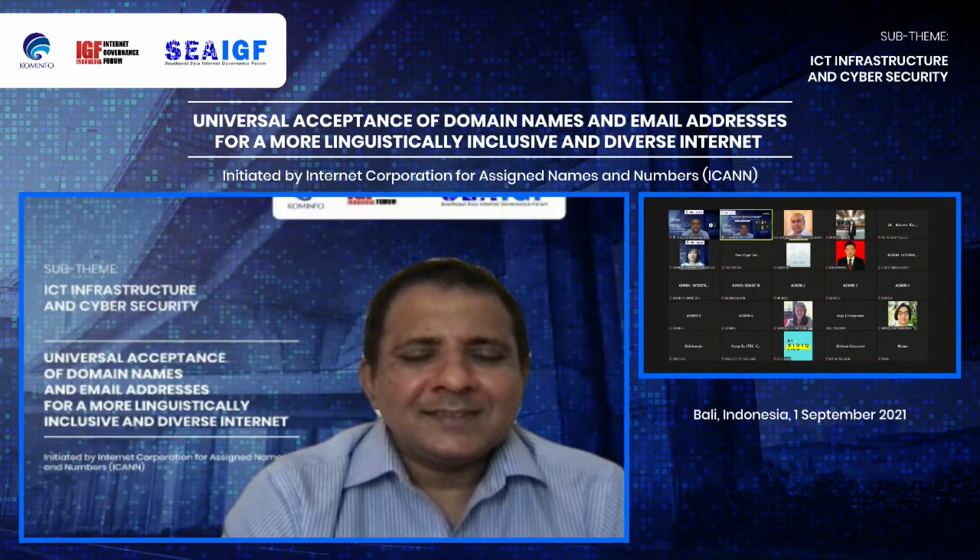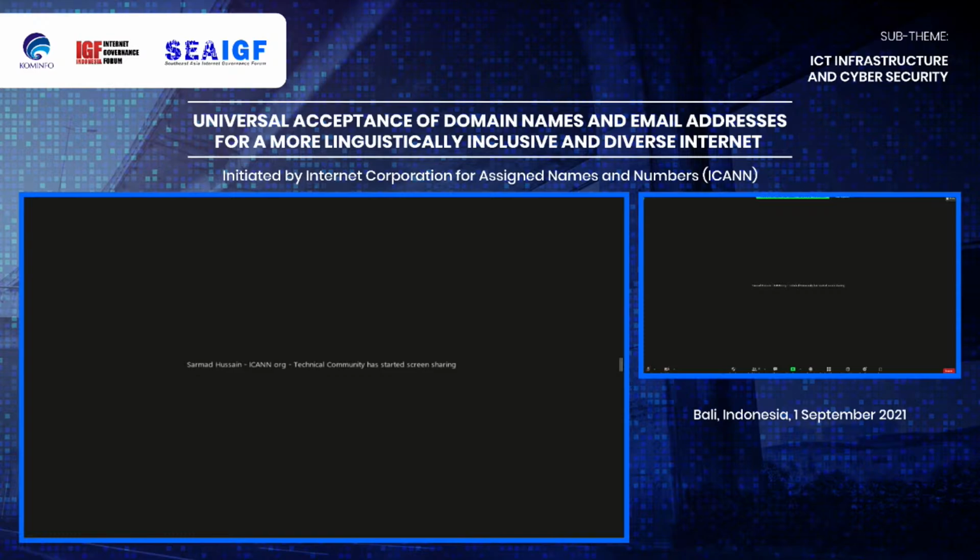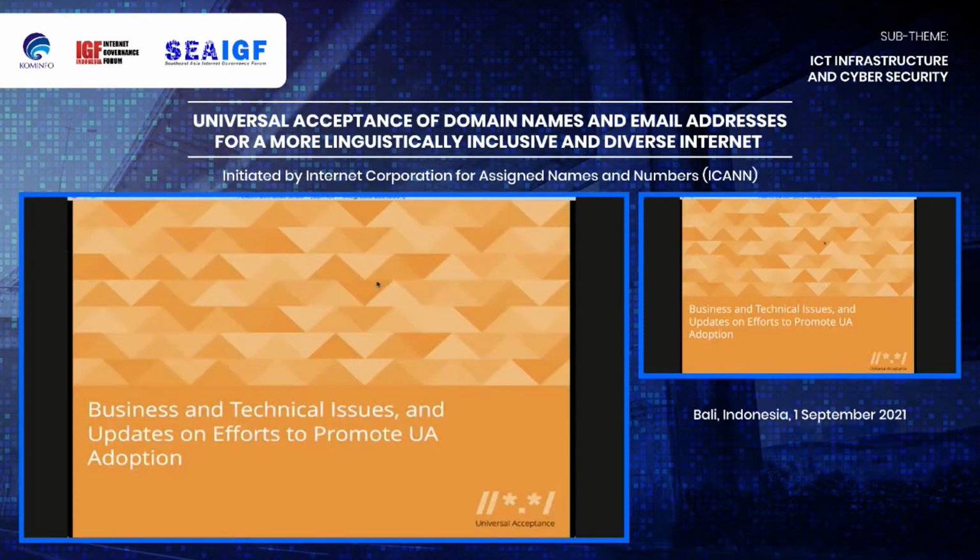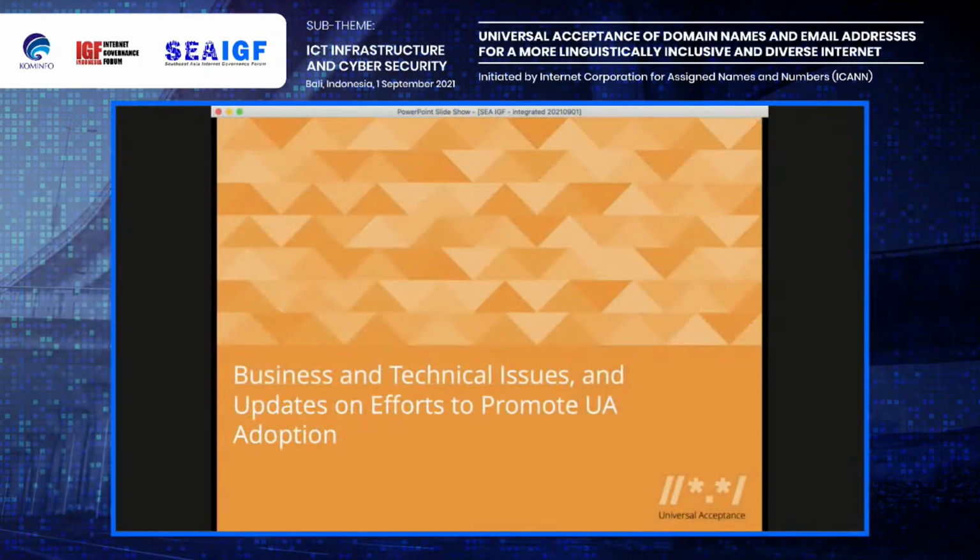Let's move on. With this background, what we wanted to do is listen to some of the people who have been providing these services related to domain names and emails, the country code top level domains as well as generic top level domains, and we want to look at both the business and the technical issues.